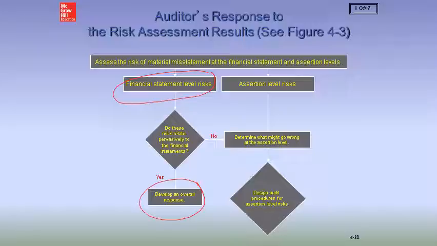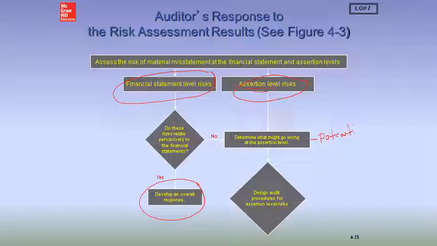If the risks do not relate to the pervasiveness of the financial statements, then we will go in and determine what might go wrong. We start focusing at the assertion level. So we have to consider our assertion level risk as well, and we ask ourselves what might go wrong at the assertion level. Again, that is called potential misstatement.